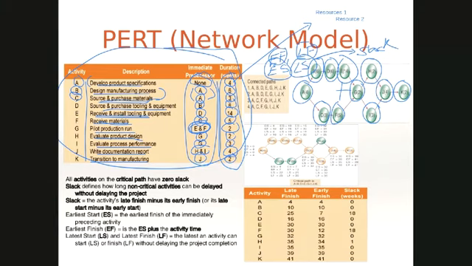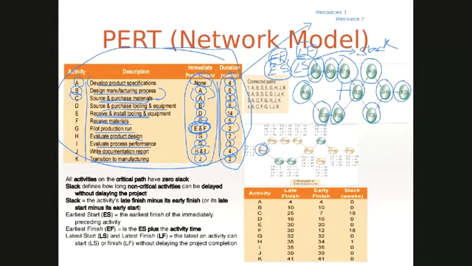So let's start off with activity A. For each of them, the question is, what is the earliest start? What's the latest start? What is the earliest finish? What's the latest finish? Now, if you look at it closely, you'd say, well, this is the very first one.